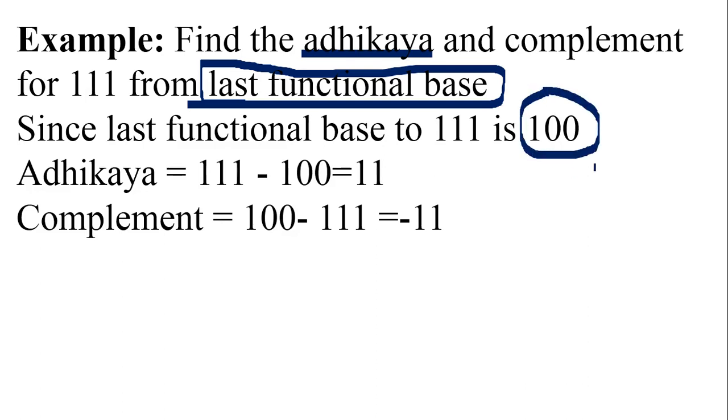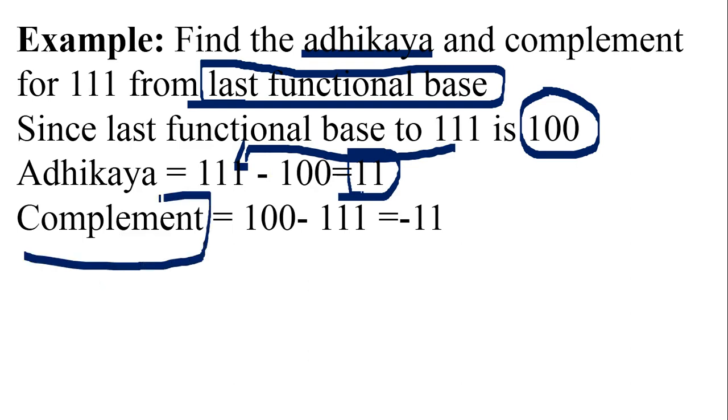So you have to use 100 as the base and the number is 111. To calculate adhikya, it is number minus base. So number is 111 and base is 100. So your adhikya will be 11.